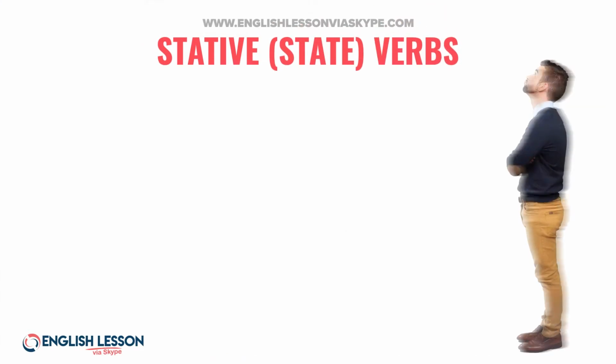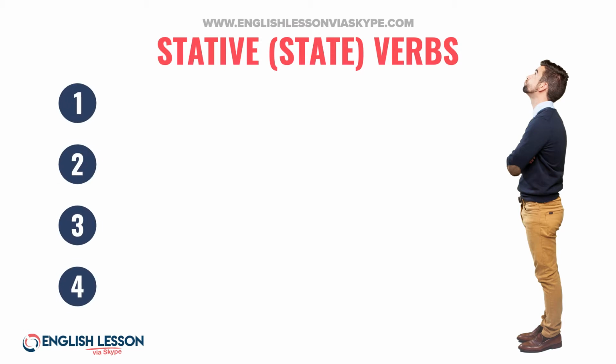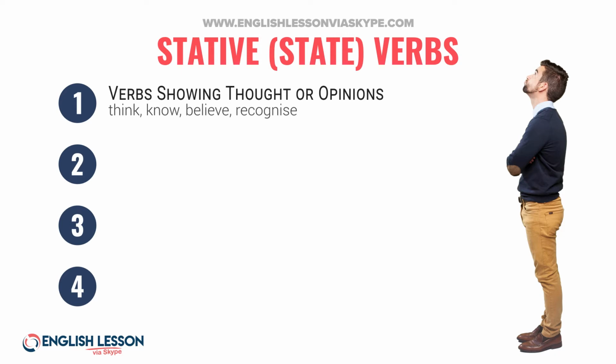So let's get back to the stative verbs. Sometimes they're called state verbs, okay? So there are many, many more action verbs than there are stative verbs, you know, so action verbs like to hit or to run or to drive. But these stative verbs, there are lots of them, and I'll give you some of them, and they fall into four broad categories, okay? The first would be those about thought or opinions, like think or believe.